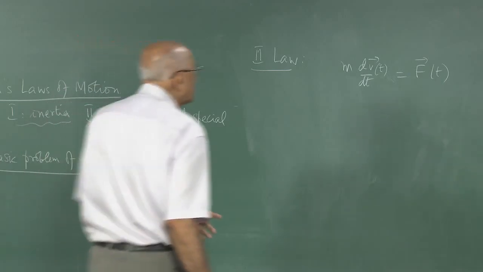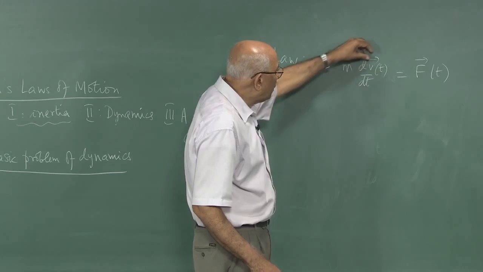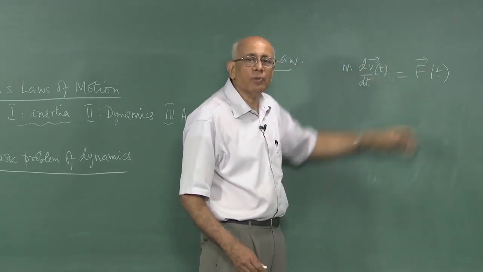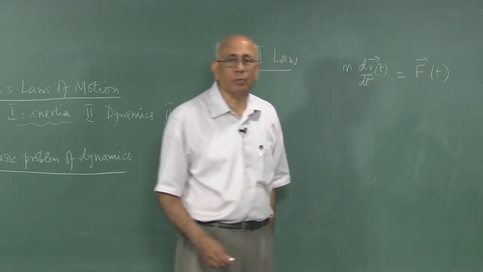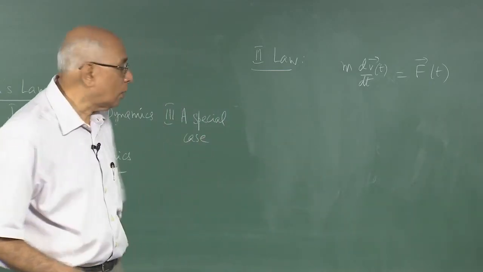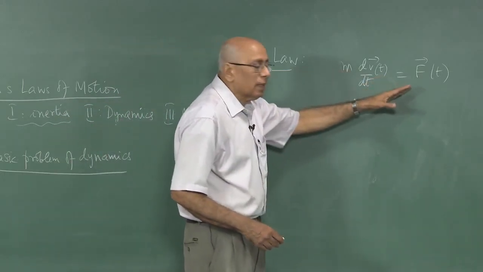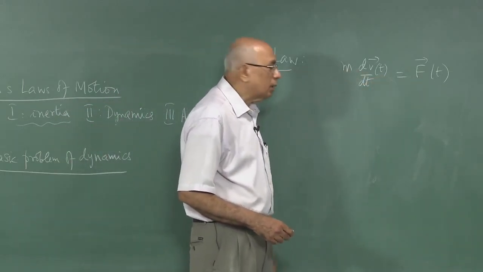This relation is still true in form. In other words, in the new frame you get m dV prime over dt is F prime of t, and you are still guaranteed the same proportionality. So that is the essence of this vector law of motion, if you like, and this is the problem that basically one has to solve in dynamics.